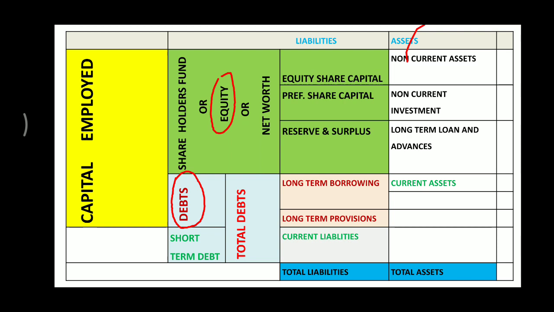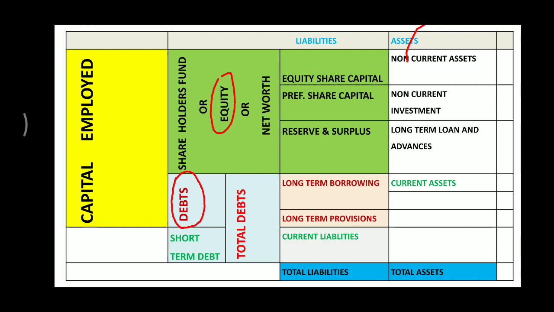Now see below that, in the pink shaded part, long term borrowings and long term provisions. The addition of these two is known as debts. See that encircled part, debts: long term borrowings plus long term provisions.